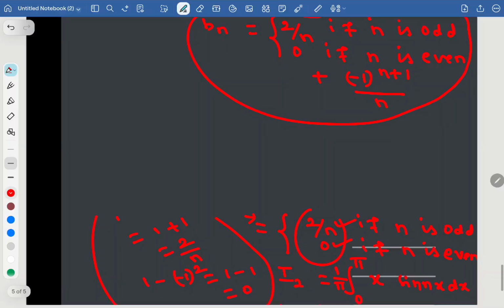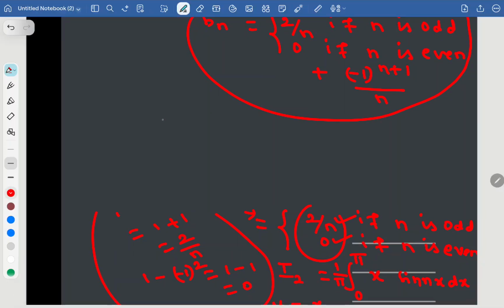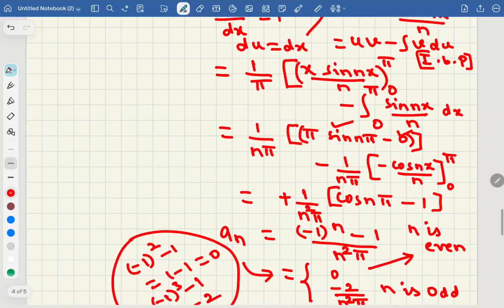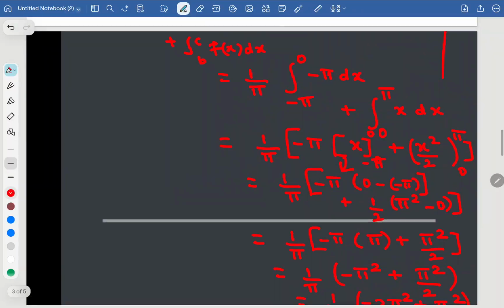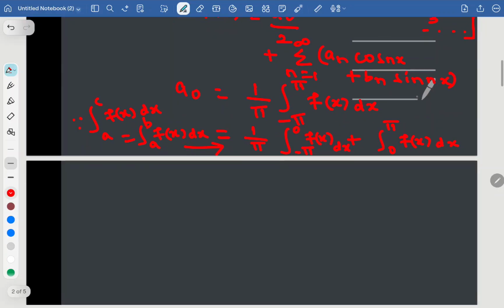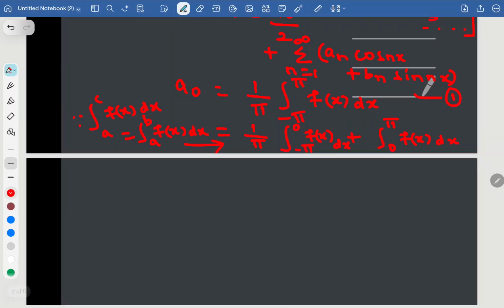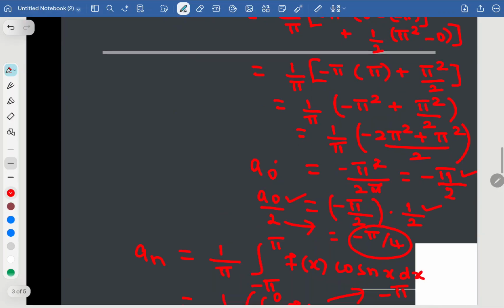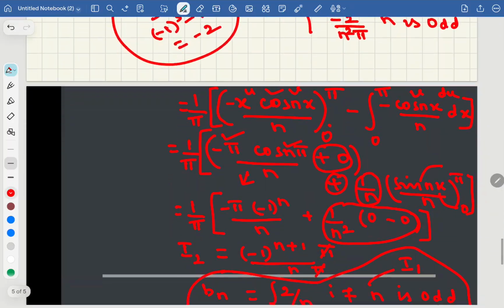Now substitute all the values in f of x, that is equal to a naught by 2 plus summation n equal to 1 to infinity a n cos nx plus b n sin nx. You mark that as equation 1 so that it will be very easy. This is equation 1. Substitute all the values in 1.